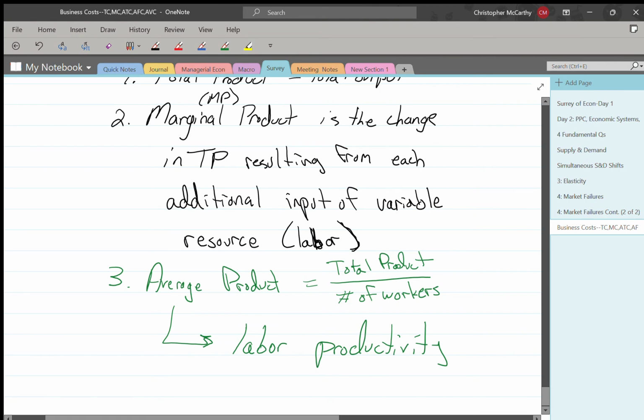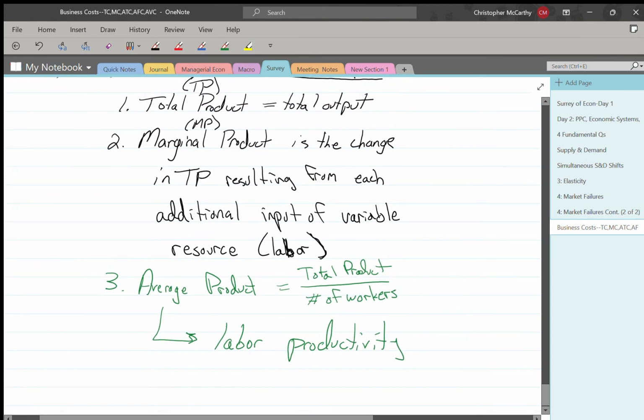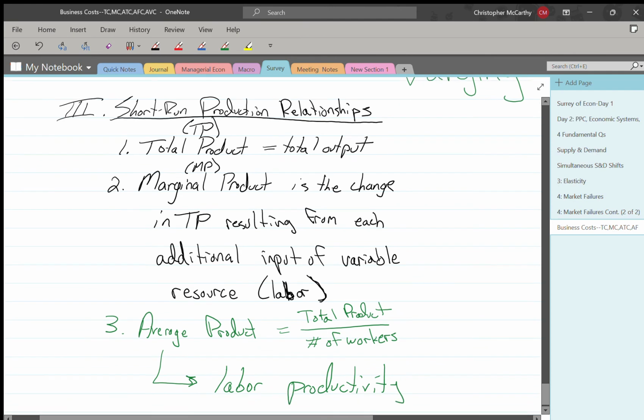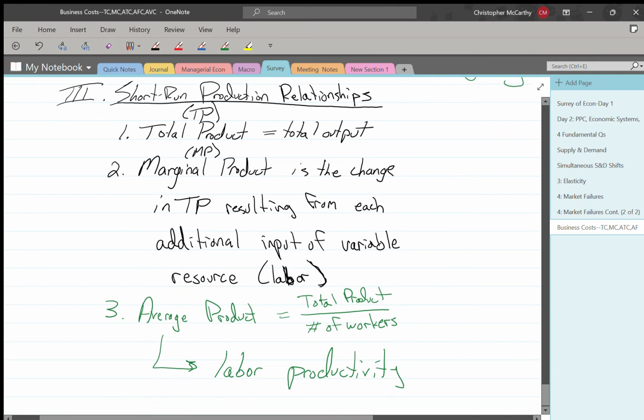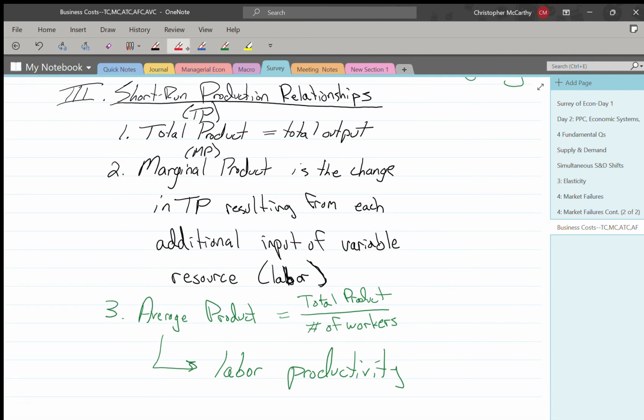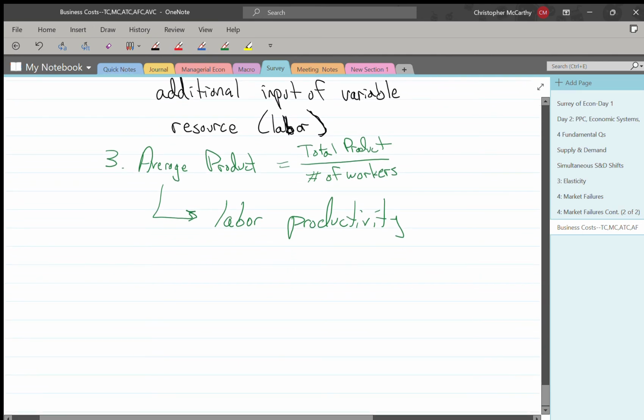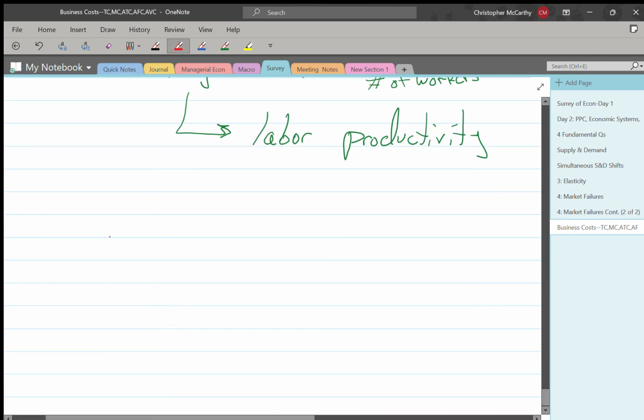So one of the things that's going to really be ruling this whole short-run production relationship is this notion of diminishing returns, specifically the law of diminishing returns.